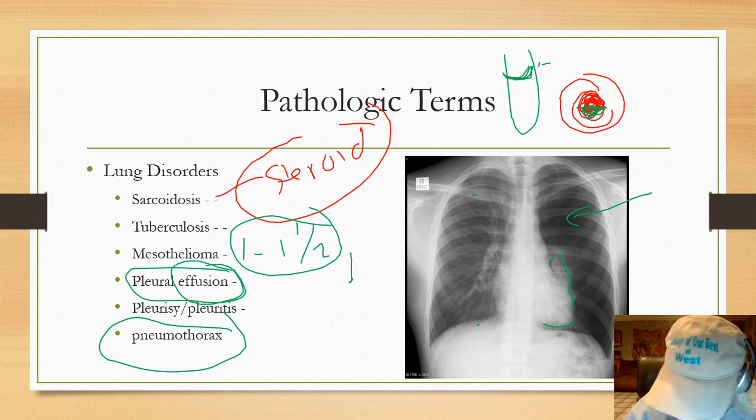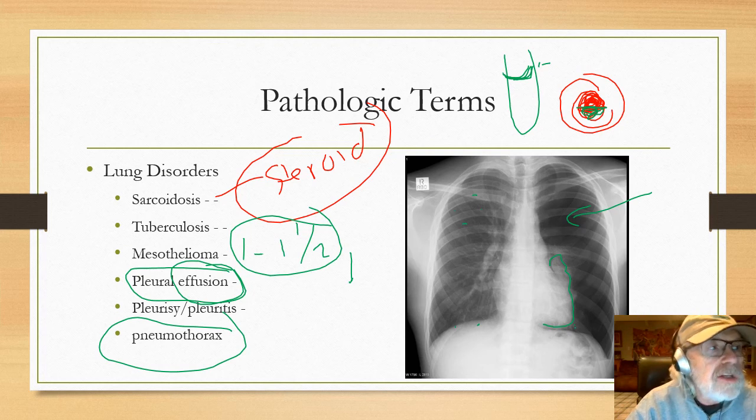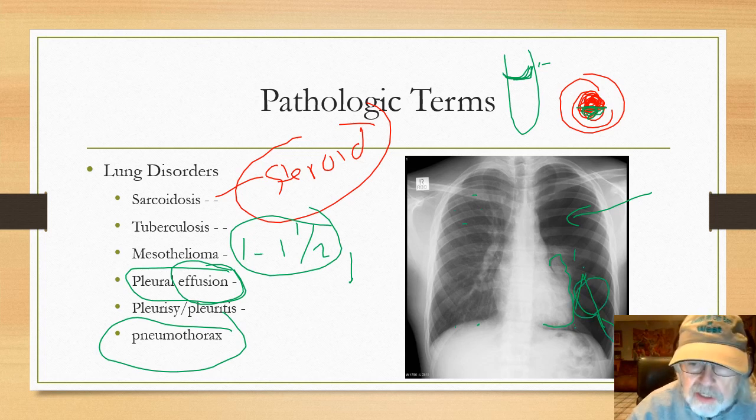Now, if you're watching Grey's Anatomy or any of those other crazy, soapy medical shows, you'll see them say, let's put in a chest tube. So they'll take a tube and stick it through the chest wall between a rib, and then they suck the air out. As they suck the air out, it allows the lung to expand a little bit, expand more, until the lung gets totally expanded and fills the chest cavity.